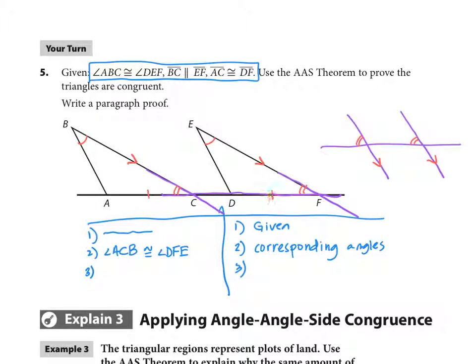This side DF is not included here. So that means our reason is AAS to state that the two triangles ABC and DEF are congruent. Okay, and that's it. Just 3 statements that we had to make to do this proof.